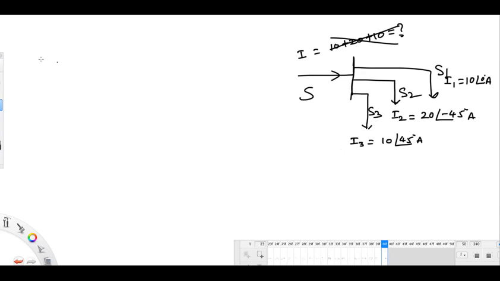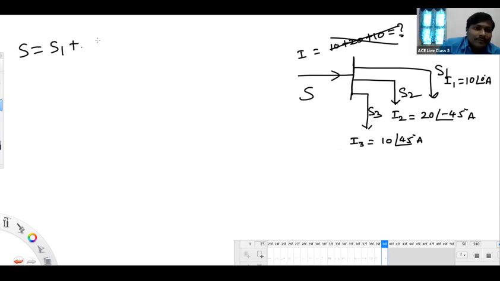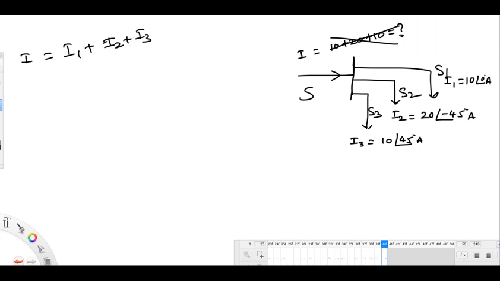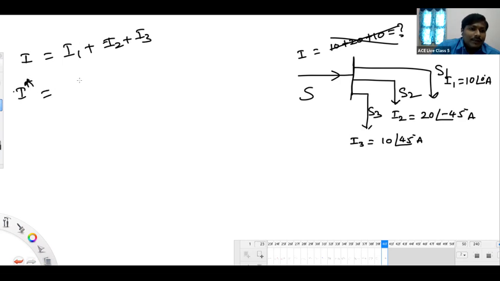See, S equals S1 plus S2 plus S3. I equals I1 plus I2 plus I3. I conjugate equals I1 conjugate plus I2 conjugate plus I3 conjugate.